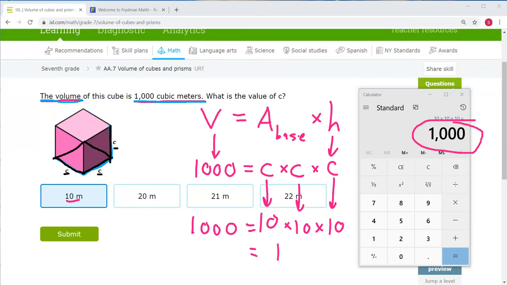So we would get 1,000 on this side, and we already have 1,000 on this side. So that works. Each of these side lengths, which were labeled C over here, must be equal to 10. So the height was 10, the width was 10, and the length was also 10.